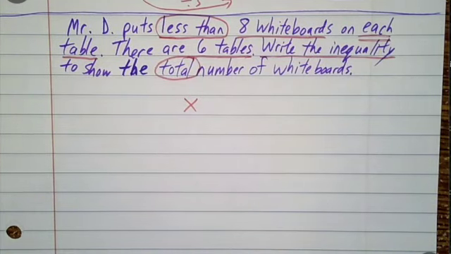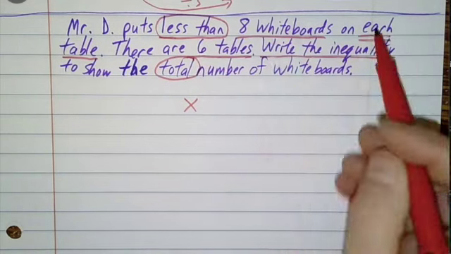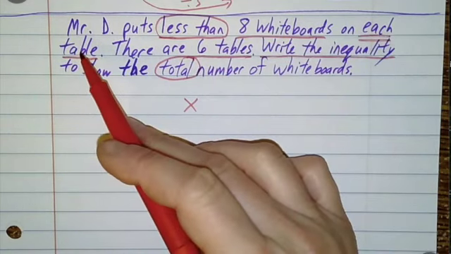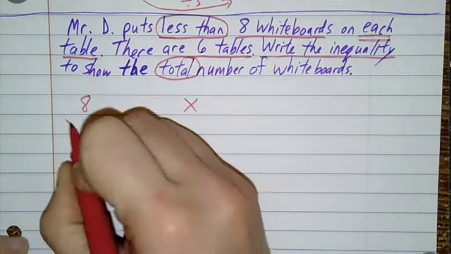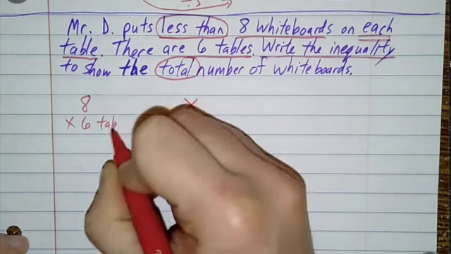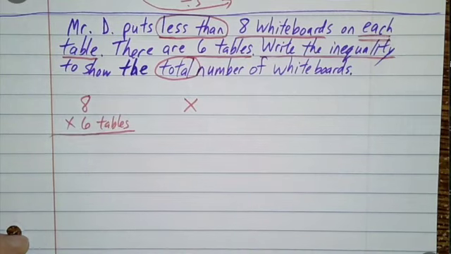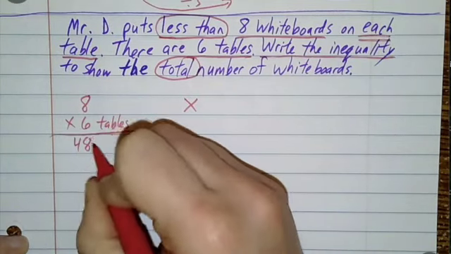So there's a little bit of work to do. If you were just going to say how many whiteboards on each table, you would say x is less than 8. But there's not just a table, there's 6 tables. So if you take 8 whiteboards times 6 tables, that would be 48 total, right?